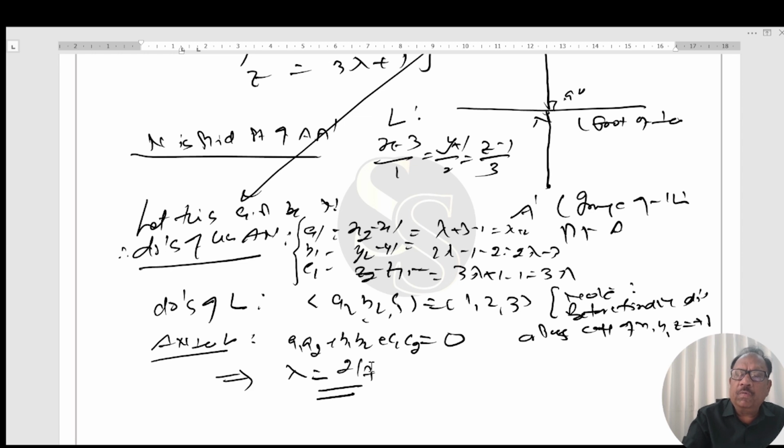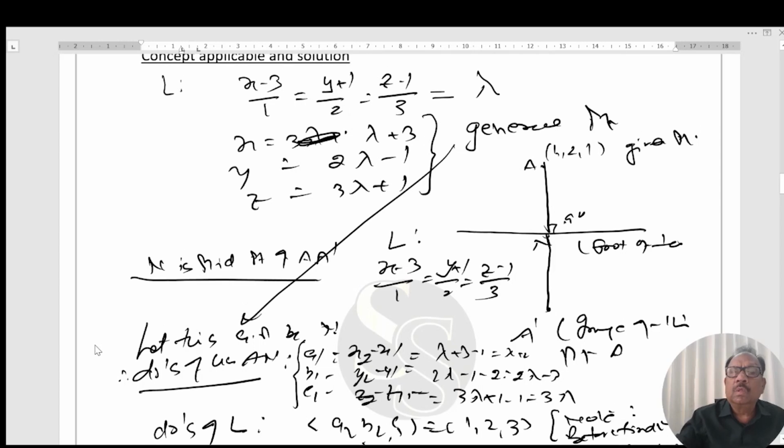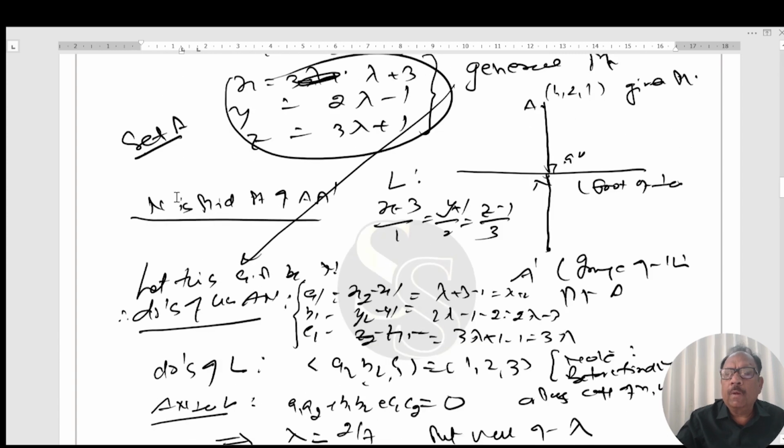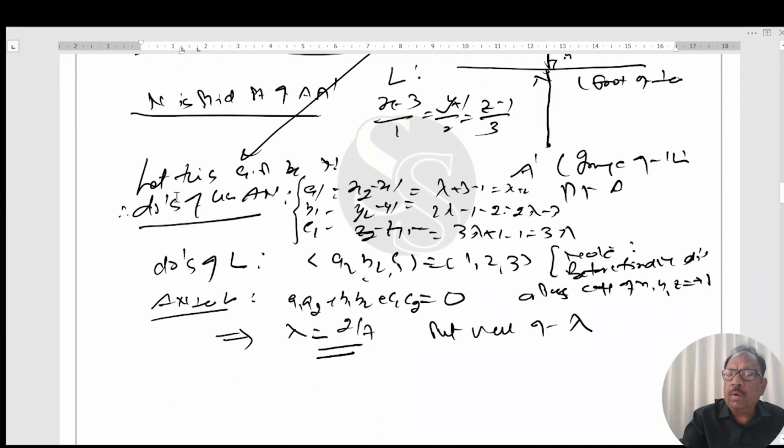Then put the value of lambda in set A. Point N is known.